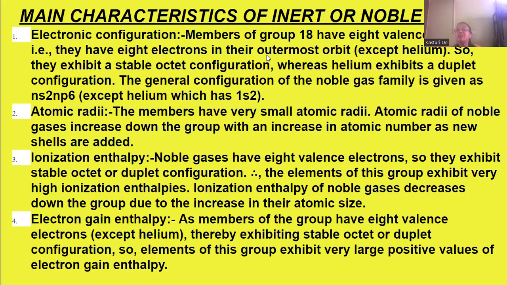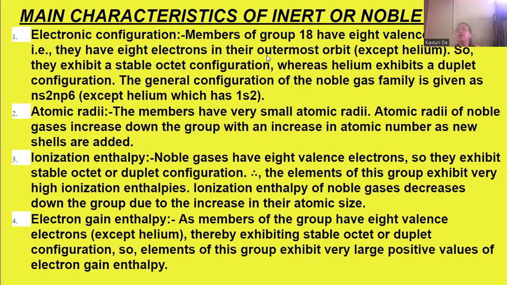Ionization enthalpy. What is ionization enthalpy? Ionization enthalpy is the heat required to form the ions of the element. Now, the noble gases have 8 valence electrons, so they exhibit a stable octet or duplet configuration.